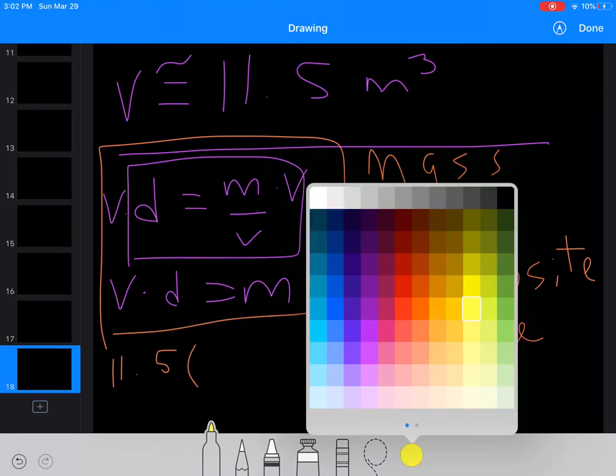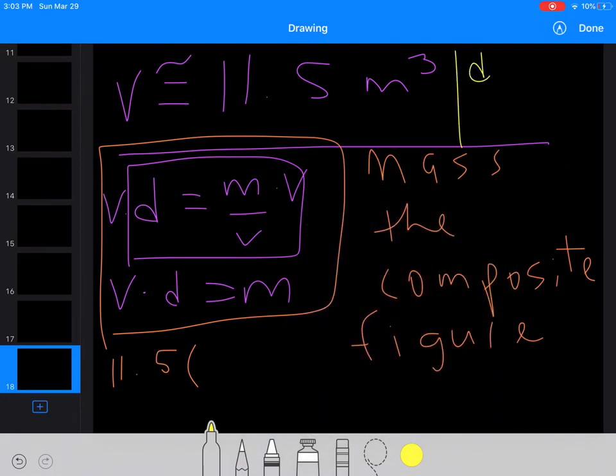The density is given to us as 100 kilograms per meter cubed. So every cubic meter, there's 100 kilograms of material. We're just going to do 11.5 times 100.